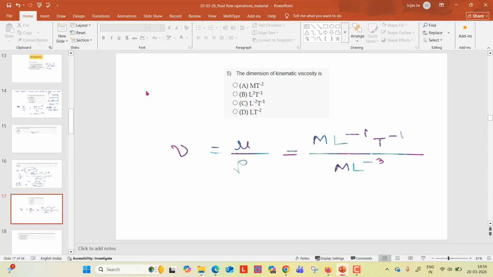So m will cancel out. It will be L to the power 3 minus L square, t to the power minus 1. It is meter square per second. So it is option B. Okay.